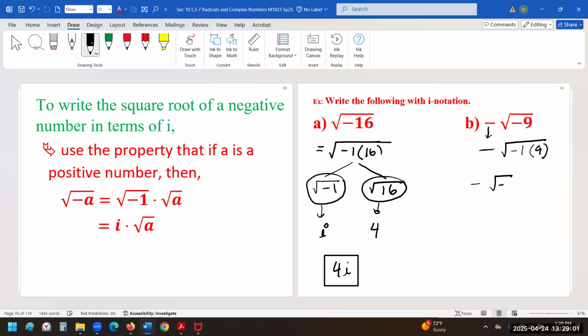So it becomes negative 1 under the square root and positive 9 under the square root. Negative 1 under the square root turns into i. And do you know what is square root of 9? 3. So what is our final answer? Negative 3i. That's how we simplify them.